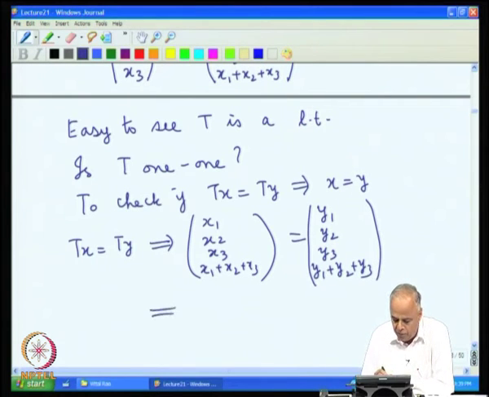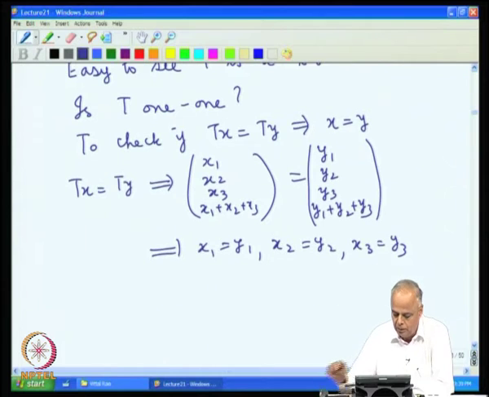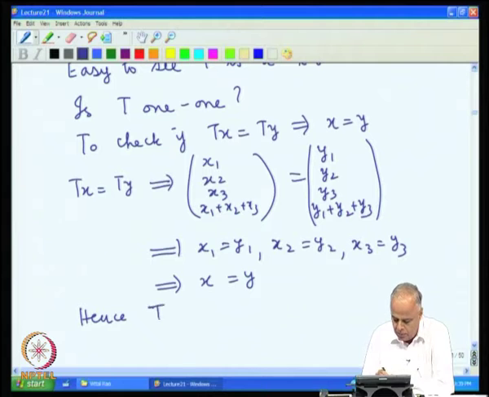Then obviously, from this we get x 1 equal to y 1, x 2 equal to y 2, x 3 equal to y 3, which simply means x is equal to y, and hence T is 1-1.